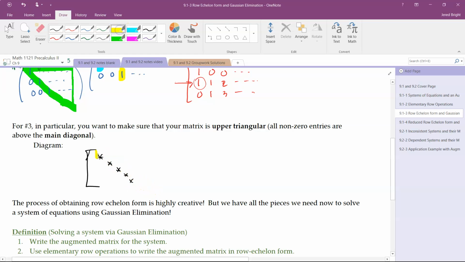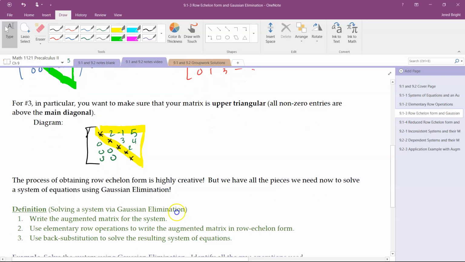So this would be considered your main diagonal, and then below it you would have zeros, and then above it you would have non-zero entries. So these could be like 2, -1, 5. I don't know, I'm just filling in numbers, something like that. So you can have numbers up in there. It's just that below that diagonal, you don't.